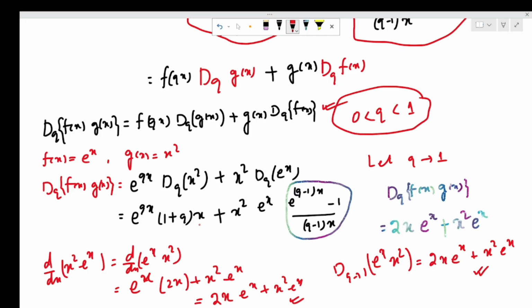You can also visualize by graph how the graphs behave when q approaches 1 and when q approaches 0, for your better clarity. Thank you.